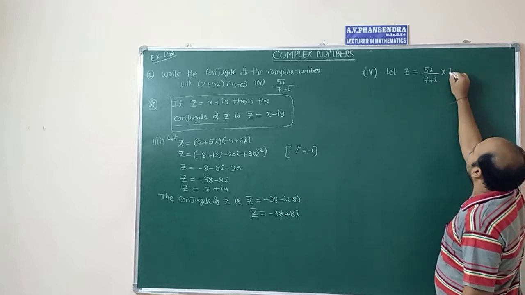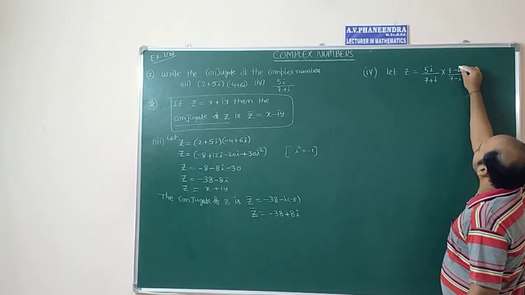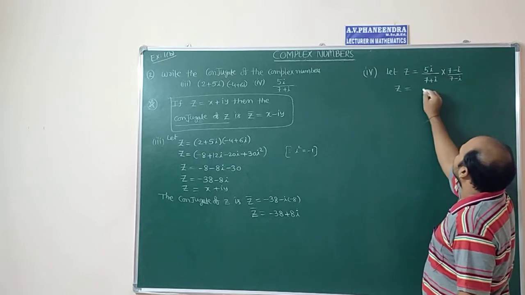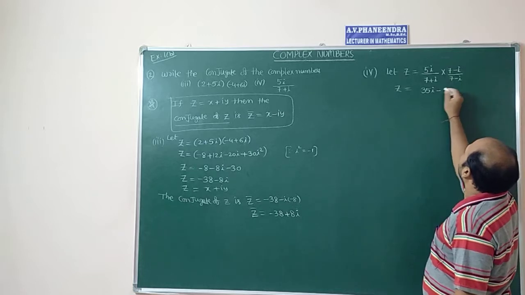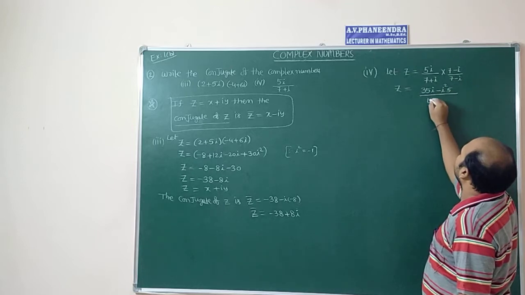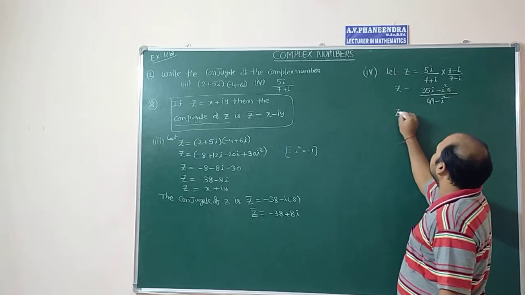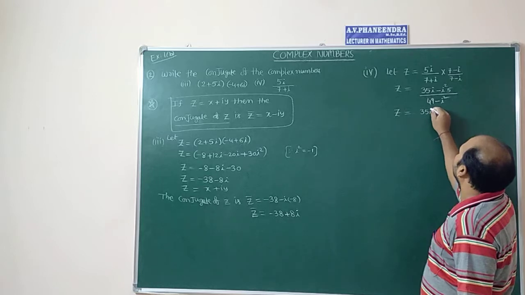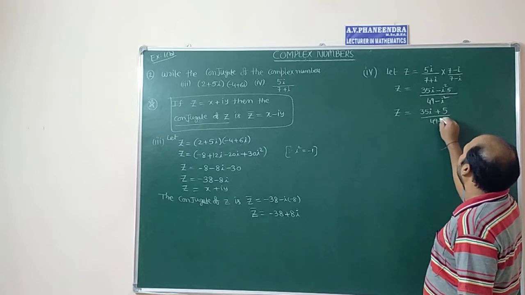So multiplying and dividing by 7 minus i, z is equal to 5i into 7, 35i, 5i into minus i square, divided by 7 square, 49, minus i square. Therefore, z is equal to, i square is minus 1, minus into minus plus 35i plus 5 divided by 49 plus 1.